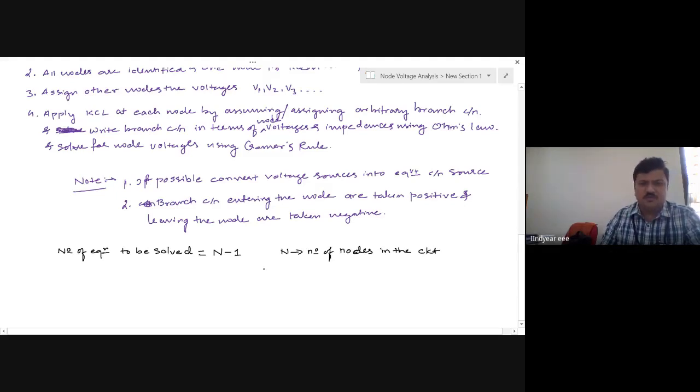So if the number of nodes is n in any network, the number of equations I get is n minus 1, because one node is taken as the reference node, and we don't apply KCL to the reference node.